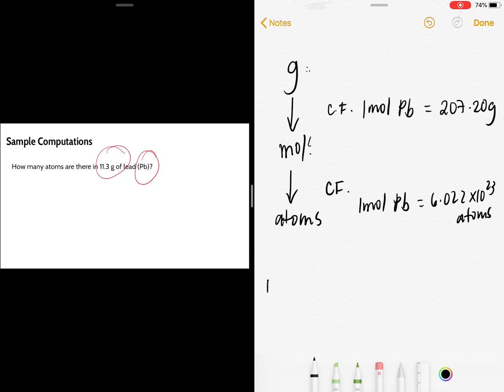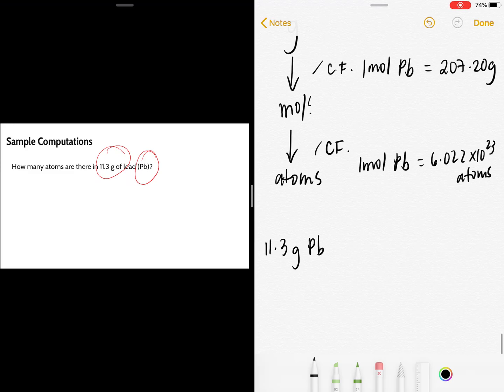You start with your given, 11.3 grams of lead. Now, you have two conversion factors. So, you're a beginner. I'll try to make the explanation very simple, no? Kung ilan ang conversion factor mo, ganun kadami yung parenthesis mo.